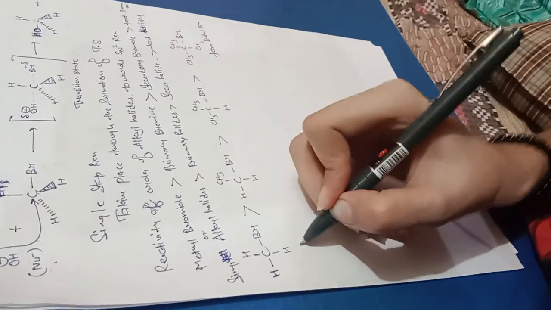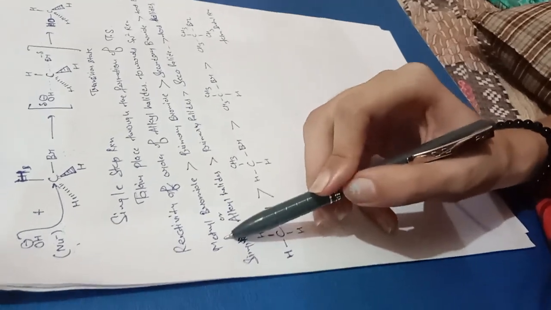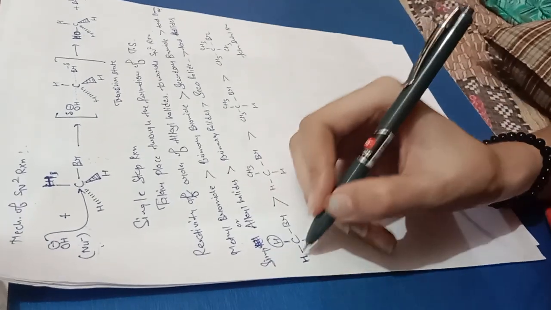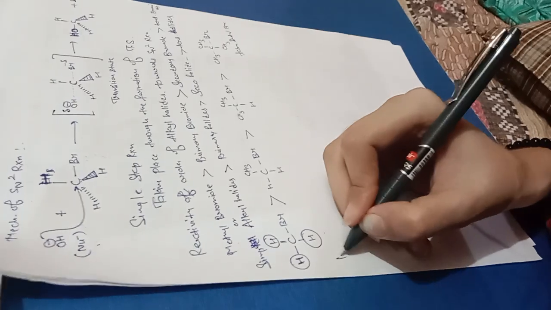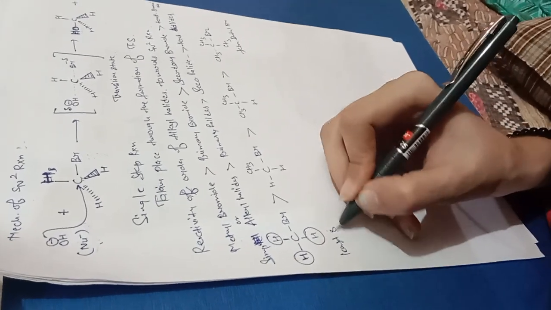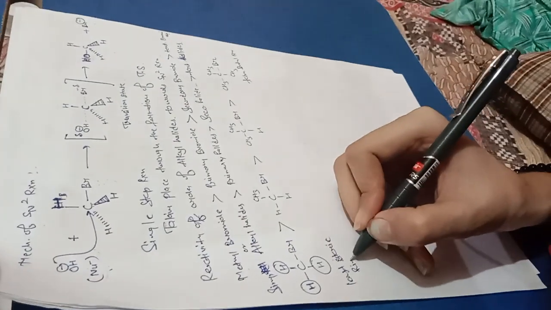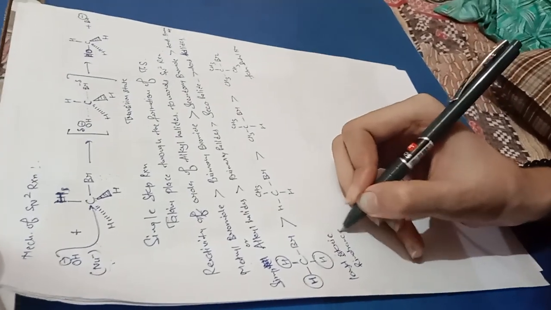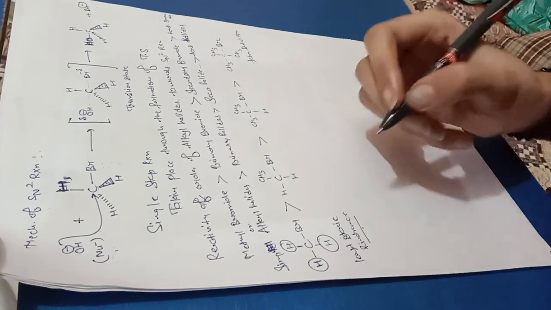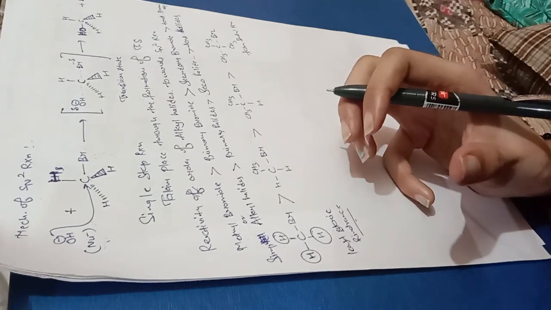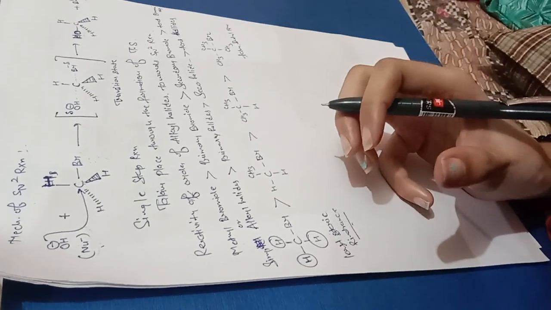Now in the case of methyl bromide, there are only hydrogen atoms, so there is the least steric hindrance. Interference of bulky groups is known as steric hindrance.